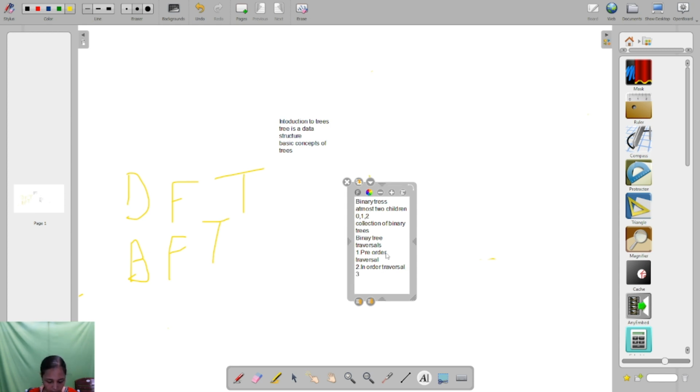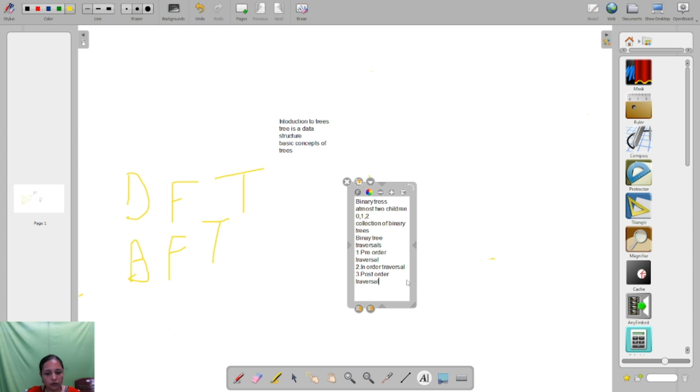The third one is postorder traversal. We will see one by one what each is.